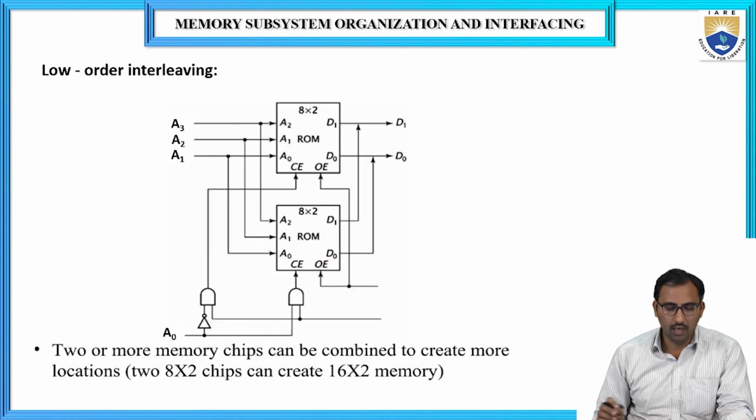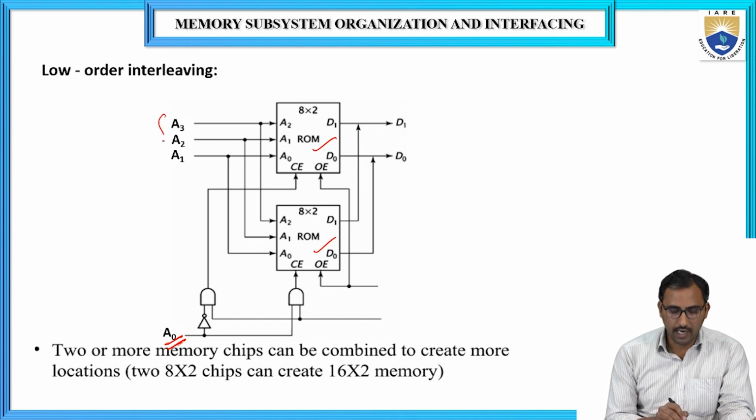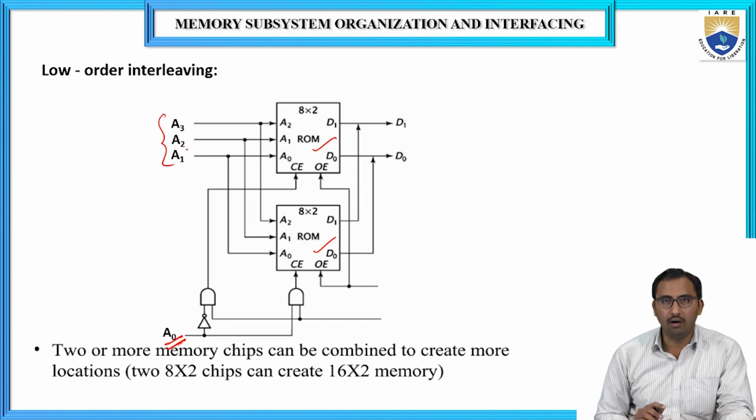Now if you come to low order interleaving, with the help of the lower address bit A0, we decide which memory chip we are accessing. So A0 we are giving to both the ROM chips, and A1, A2, A3 we are giving to all the corresponding memory chips.